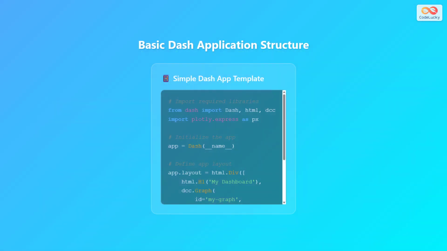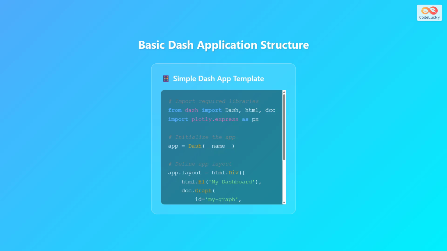Every Dash application follows a consistent structure that makes development predictable and maintainable. You begin by importing the required libraries, from Dash import Dash, HTML, and DCC for core functionality, plus Plotly Express for creating charts. Next, initialize your application by creating an app variable equal to Dash with __name__ as the parameter.